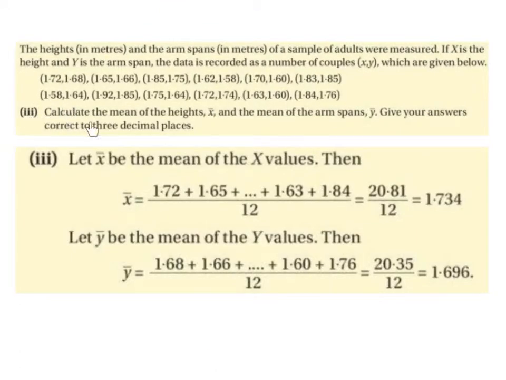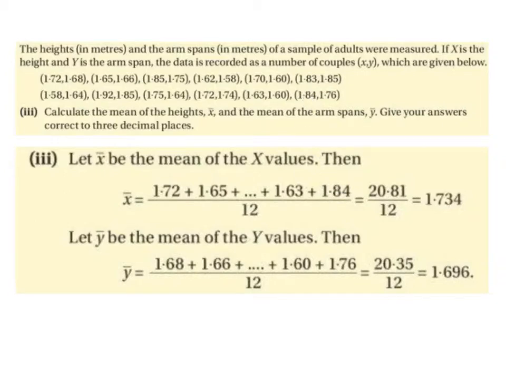Part 3. Calculate the mean of the heights, x bar, and the mean of the arm spans, y bar. Give your answers correct to 3 decimal places. We let x bar be the mean of the x values, then 1.72 plus 1.65 plus 1.85 plus 1.62 plus 1.70 plus 1.83 plus 1.58 plus 1.92 plus 1.75 plus 1.72 plus 1.63 plus 1.84.